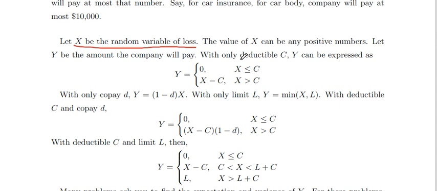Let's say deductible C means if x is less than C, the payment y, which the company will pay, is 0. If larger than C, they will pay the excess, so you should pay C, right? Then the remaining, insurance will pay. And then there's a copay.